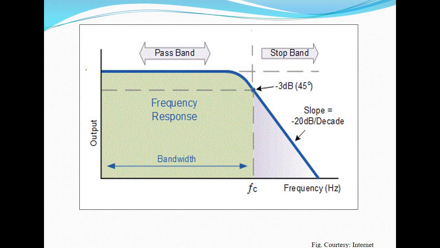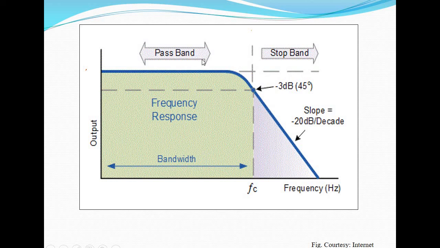Here you can see in a graph there is a diagram with frequency on the x-axis, which is in hertz, and output, or gain in decibel, on the y-axis. This is the bandwidth. You can see this is the pass band and stop band. We have seen pass band means the frequency is only allowed to pass through this band.